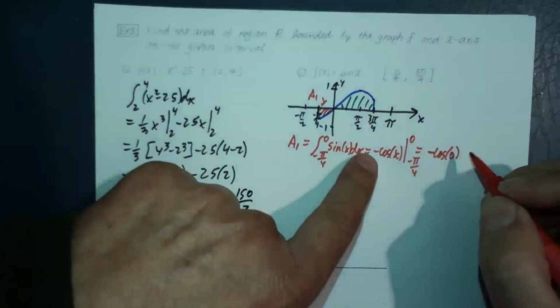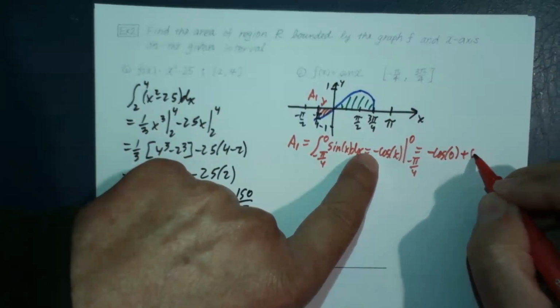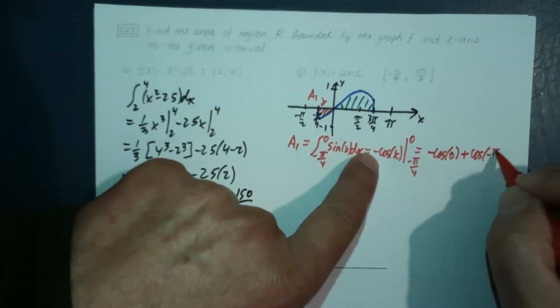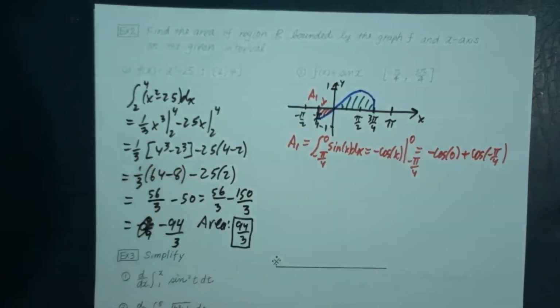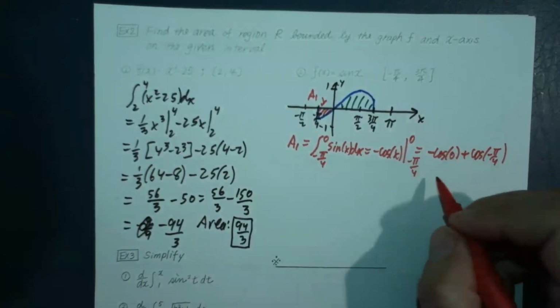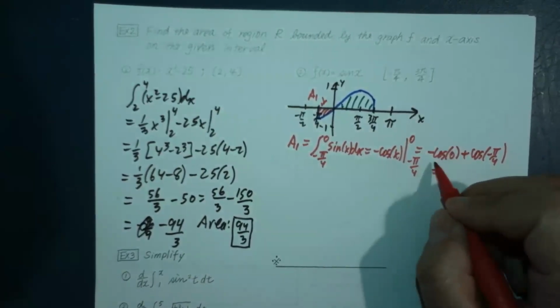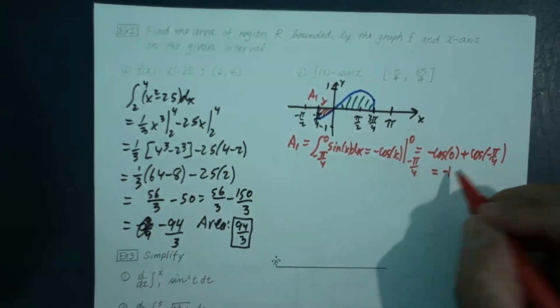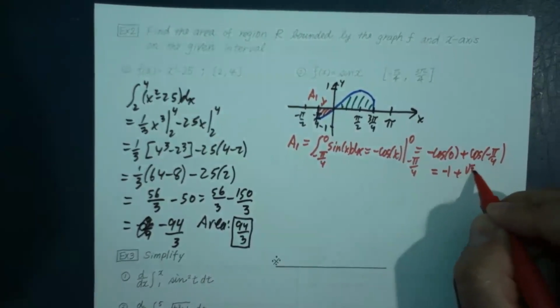Now this is going to be minus minus, so that becomes plus the cosine of negative pi over 4. Negative pi over 4 is in quadrant 4, and cosine is positive in quadrant 4. So this is going to be negative 1, plus a positive root 2 over 2.